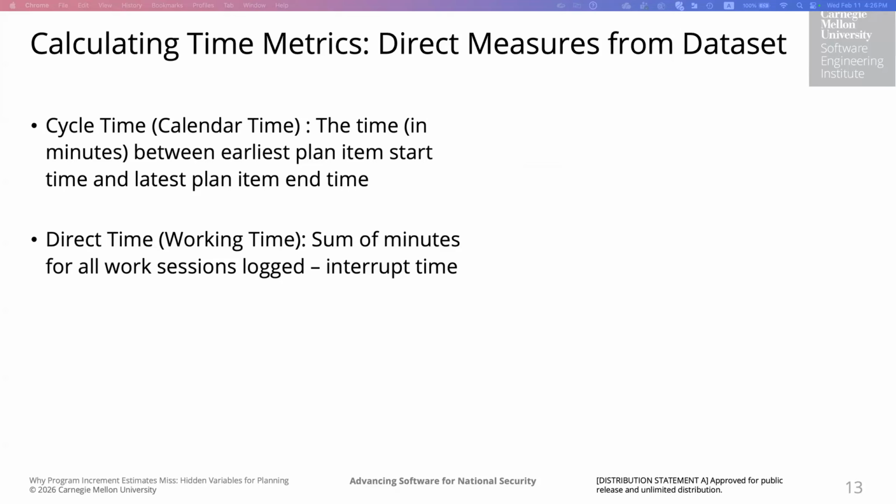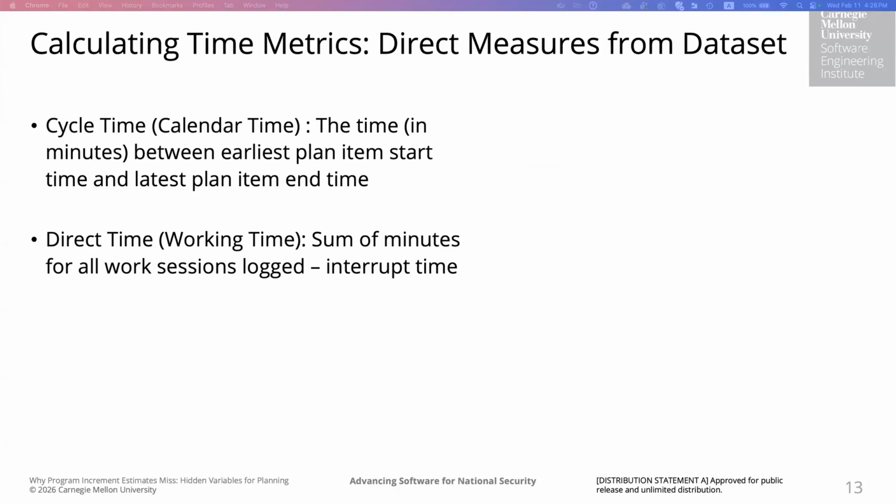And the second item is direct time, which is basically the sum of all the logged work session minutes minus the recorded interrupt time. So in other words, it represents the actual hands-on effort.